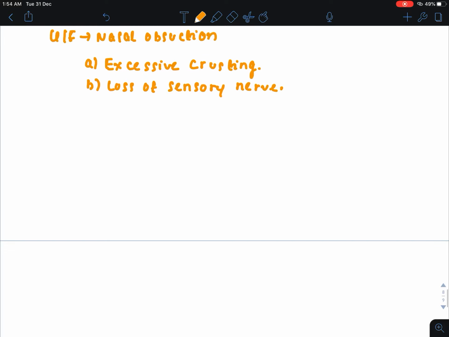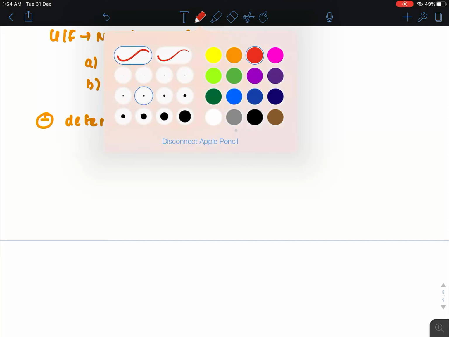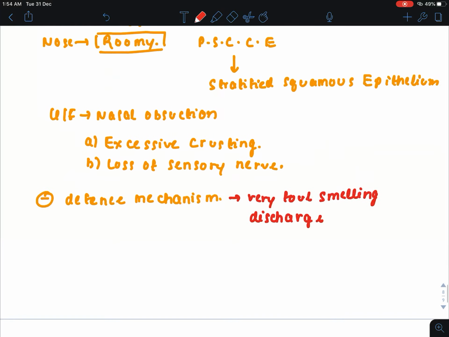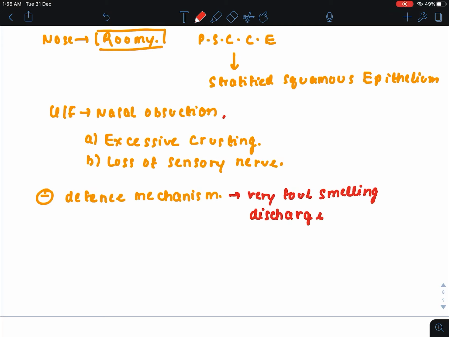There is an absence of defense mechanism. Because of that, very foul smelling discharge occurs. Clinical feature is nasal obstruction, but also the patient has hyposmia, meaning he has lost the sensation of smell.